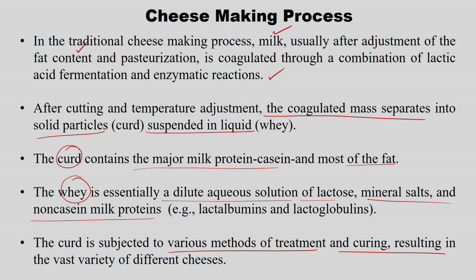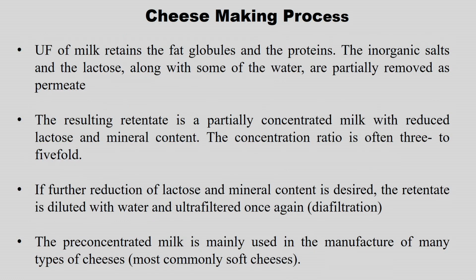So, the curd is further processed for cheeses and whey is thrown out or sometimes used for further treatment as well. But in ultrafiltration, how we do this is, ultrafiltration of milk retains the fat globules and the proteins, while the inorganic salts and the lactose along with some of the water are partially removed as a permeate.